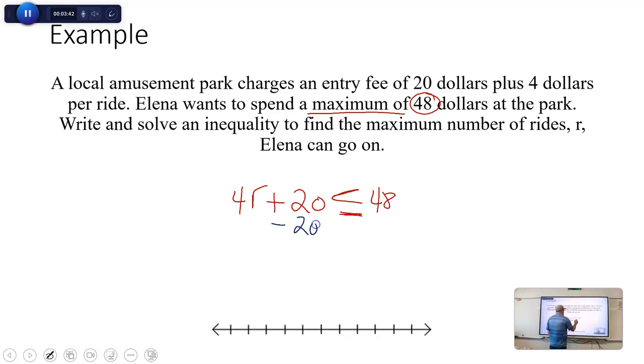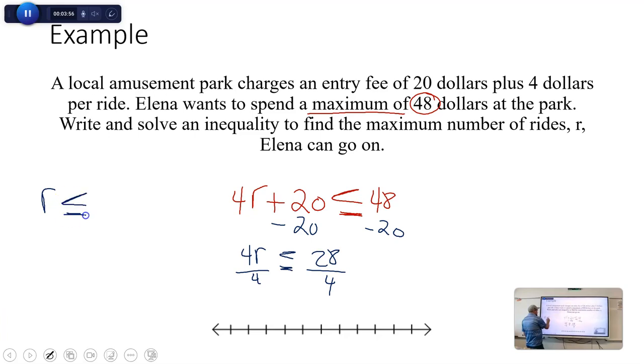Minus 20 on both sides, and we get 4r is less than or equal to 28. Divide both sides by 4. I'm running out of room, so I'm going to hop over here. And we get r is less than or equal to 7.